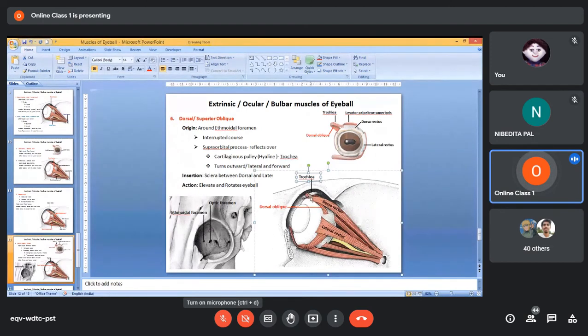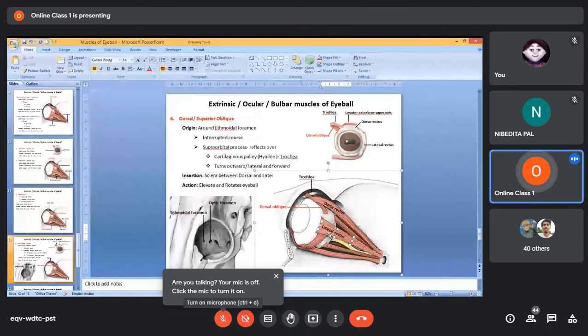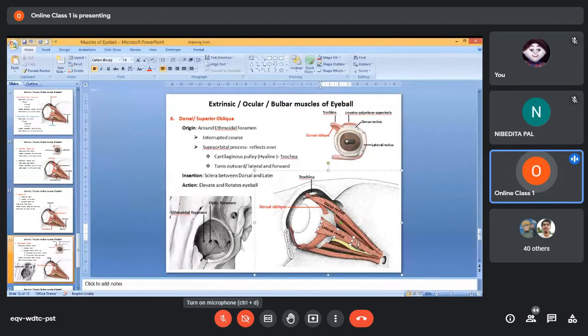Okay, then it will turn forward and outward and will insert between the dorsal rectus and the lateral rectus. If you see, this muscle is the dorsal rectus, this is the lateral rectus. So on the sclera, between the dorsal rectus and lateral rectus, it will insert. Okay, it has its origin here.